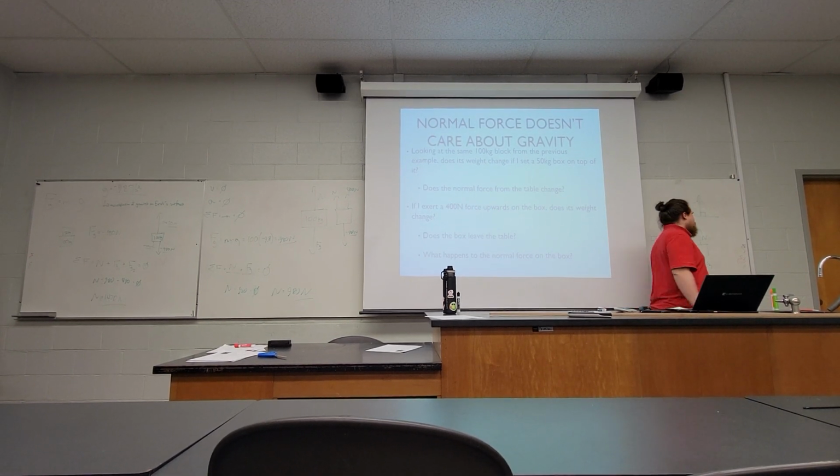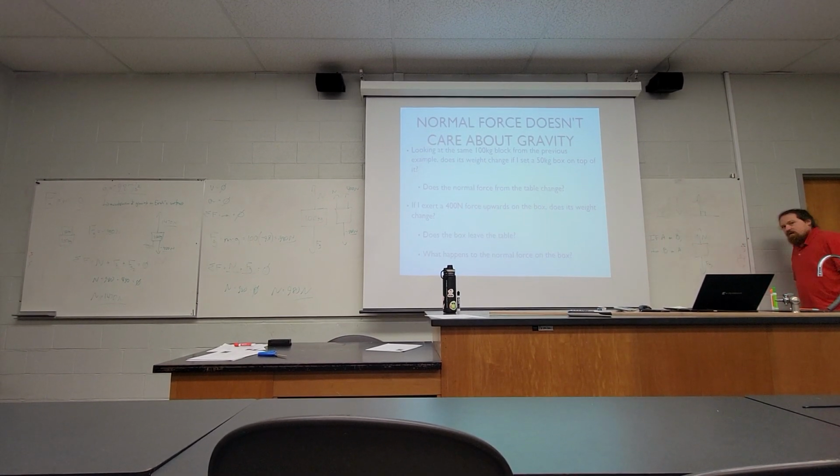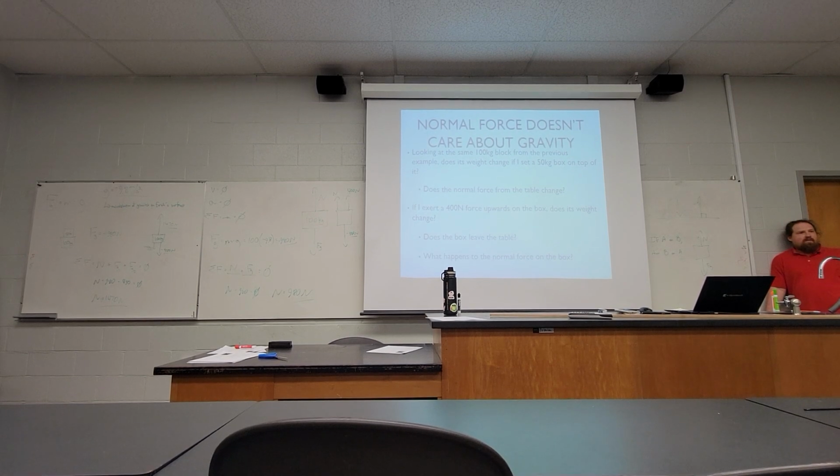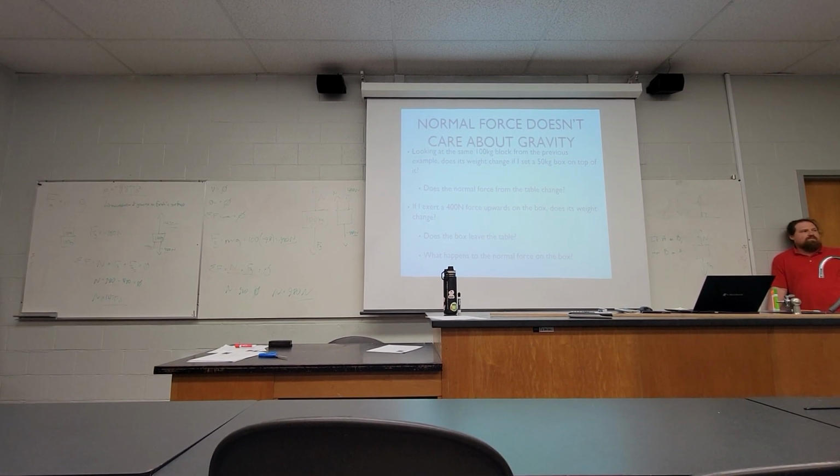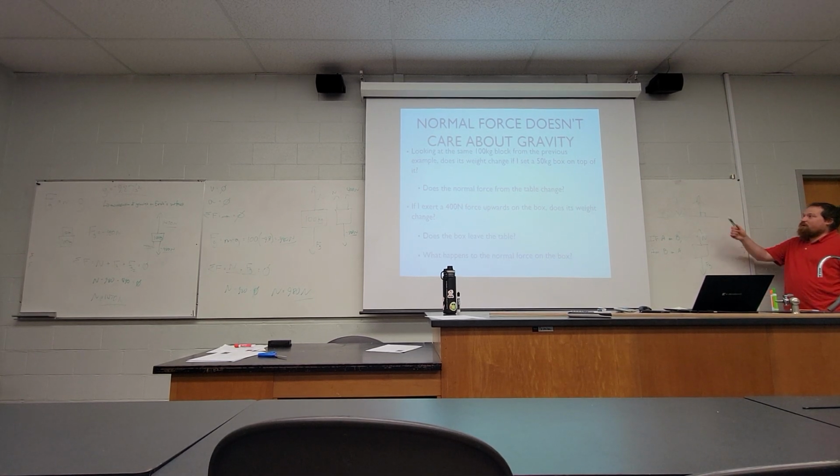Actually, I can give an example of that right now. On Earth, gravity always points down. What direction is normal force from this wall pointing on me right now? Horizontally. Because normal force is always perpendicular to the surface creating it.